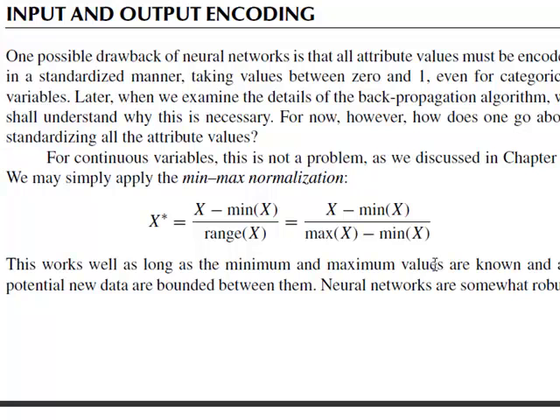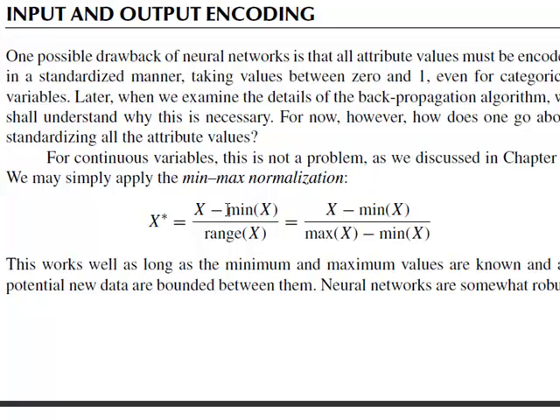For continuous variables, this is not a problem. Remember, for continuous or real valued or numeric variables, it's not a problem. We can apply what's called min-max normalization. So what is that? If you want to convert x to a standardized or normalized value, let's take height, where somebody is 175 centimeters, so x is 175.